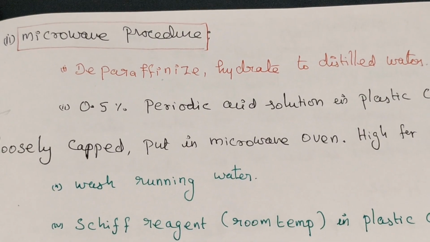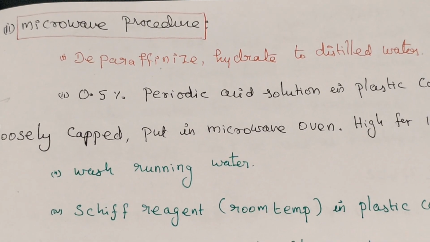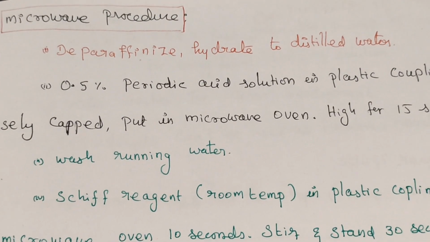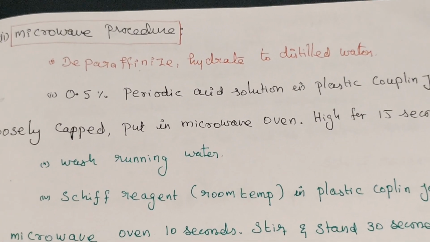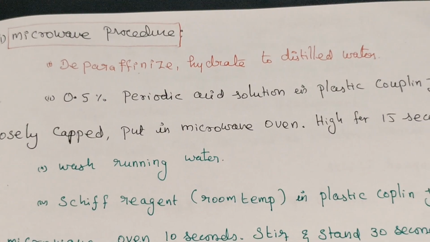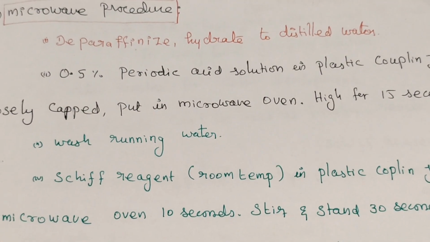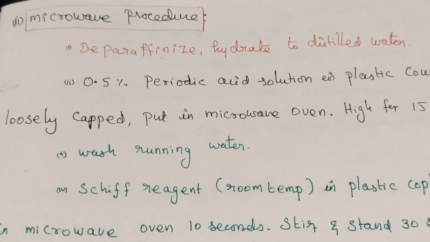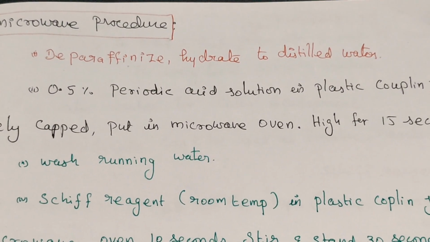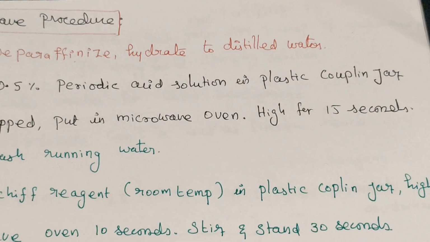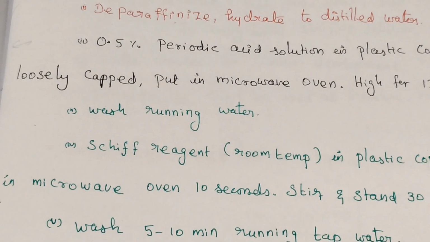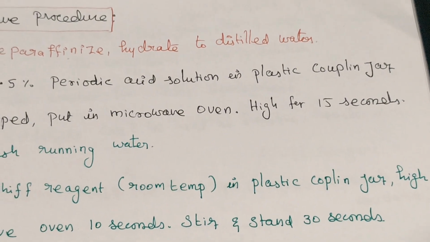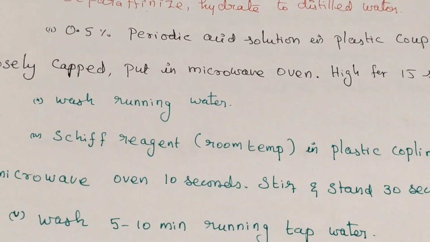Then this section must be placed in a loosely capped plastic coupling jar containing 0.5 percentage periodic acid solution. Put in a microwave oven for 15 seconds. Then wash with running water.